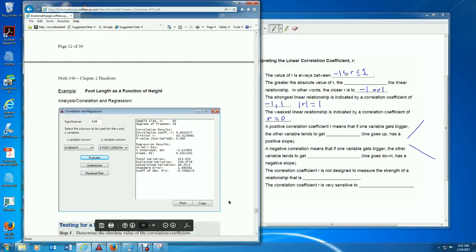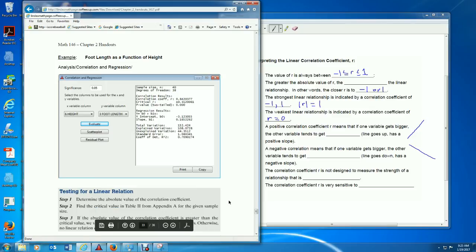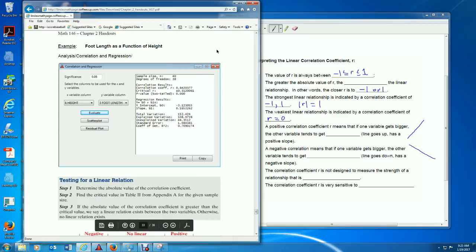So that is what we're going to do. So for example, this is from the StatDisk 13th edition data file. I've opened the foot length height file. That was data set number 2 if you want to try this.